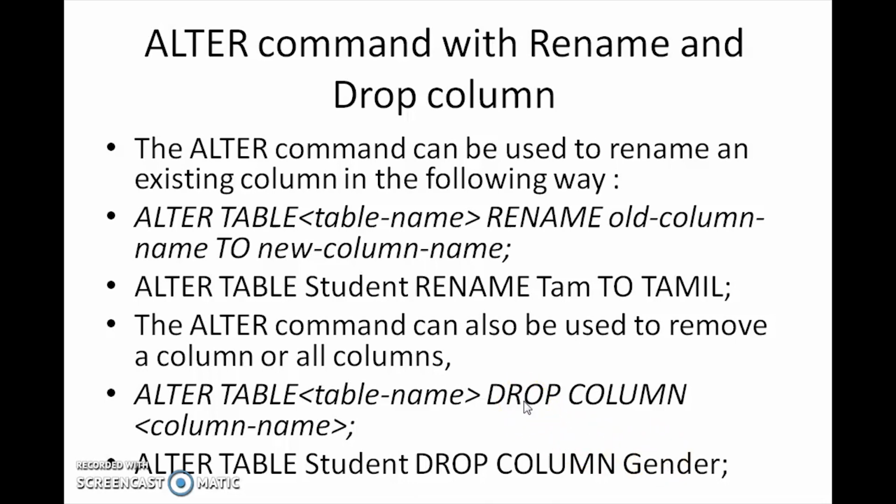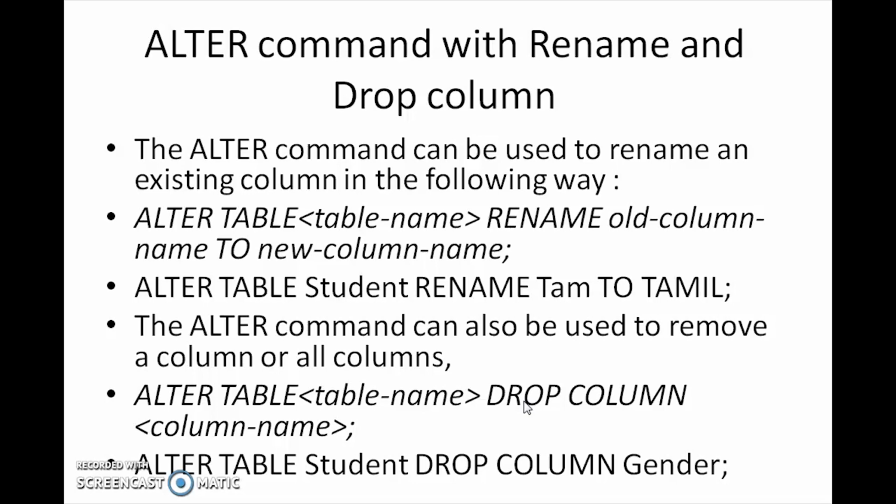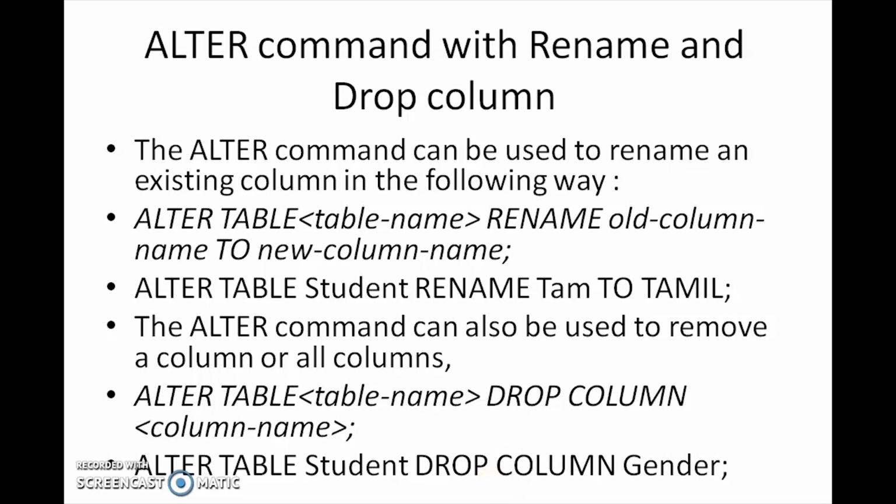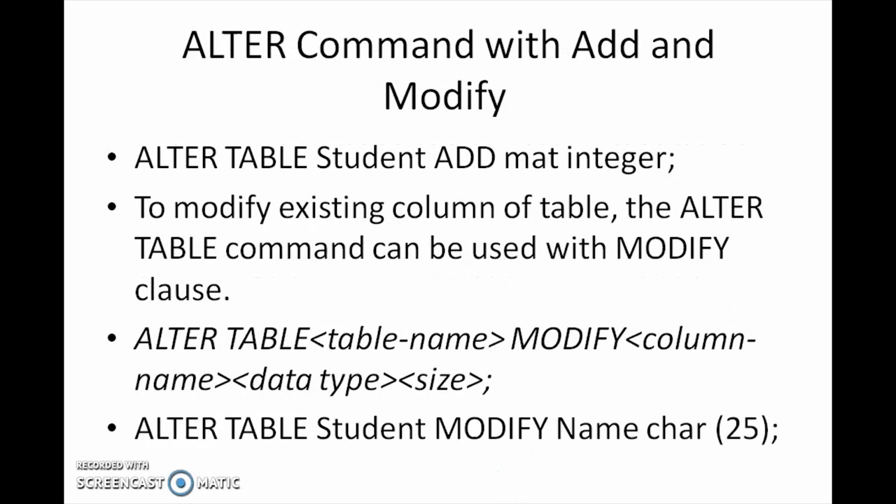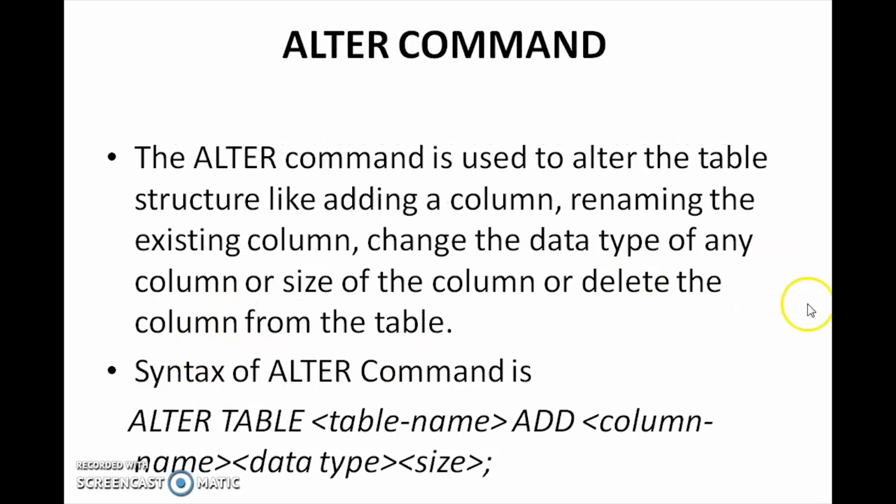Okay. So this is the alter command. The alter command is used with add, modify, rename and drop. As we have seen already, to alter the table for adding a column we use the alter command with add. To rename an existing column we use the alter command with rename.